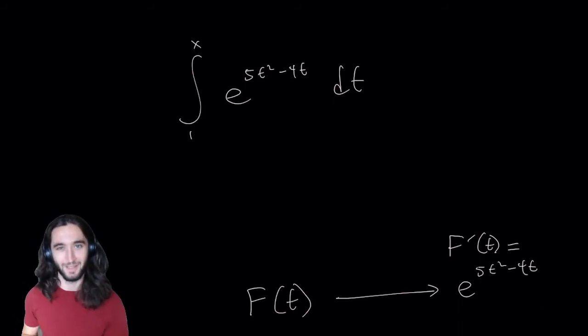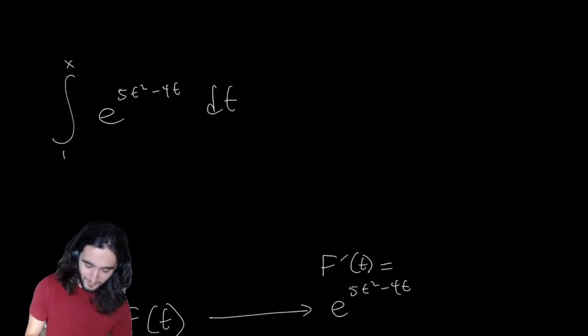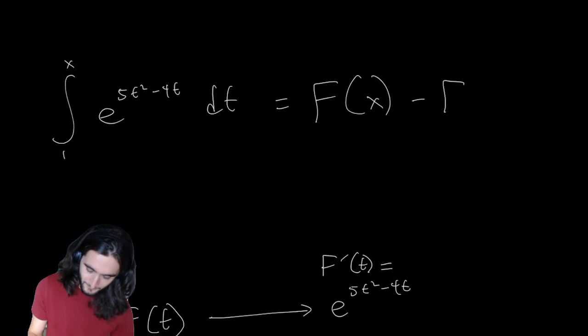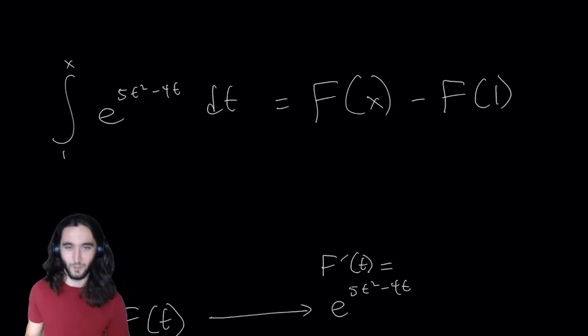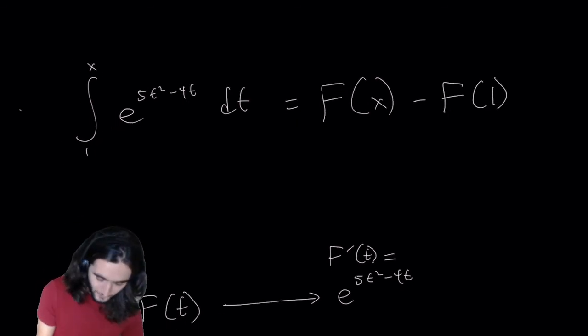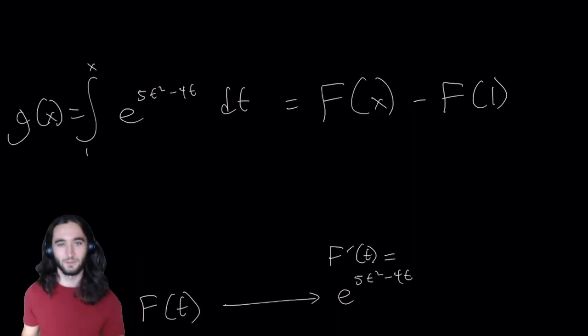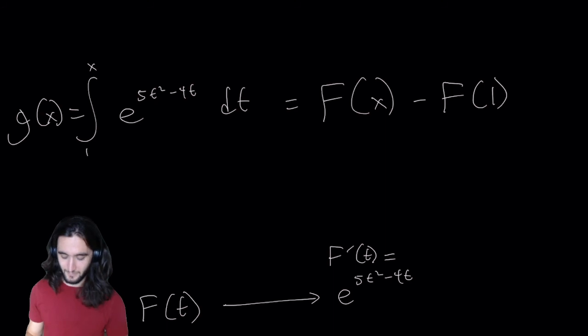Well, watch this. Then I can plug in the bounds, right? So it turns out that g is equal to that integral, which is equal to capital F of x minus capital F of 1.